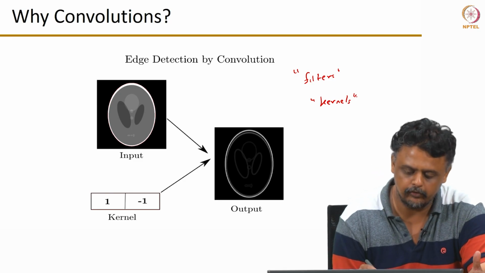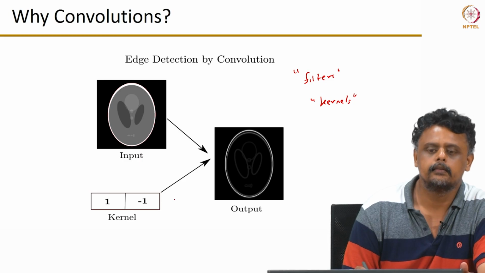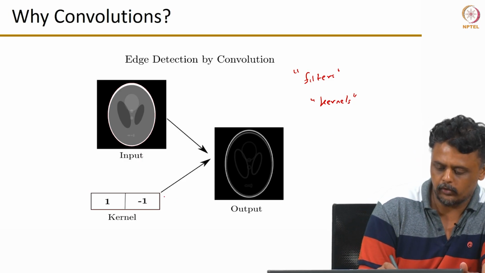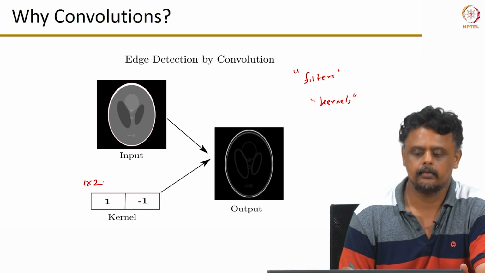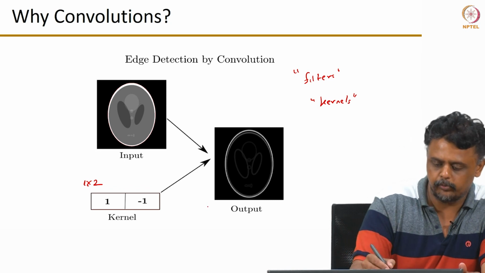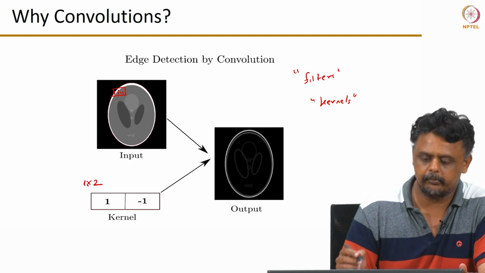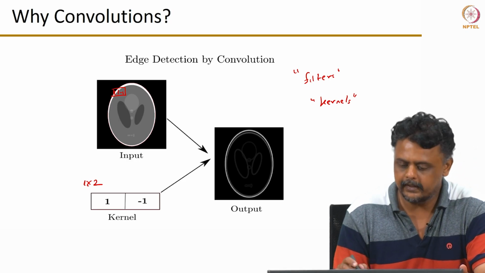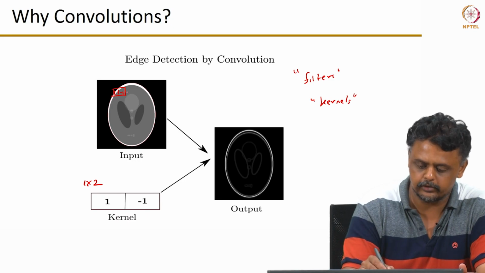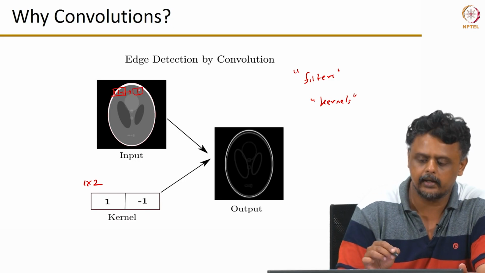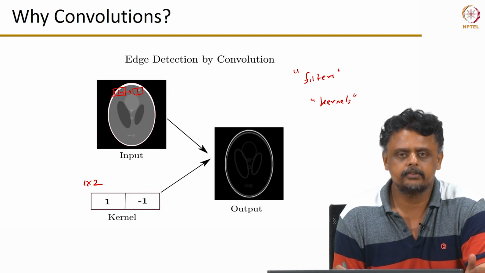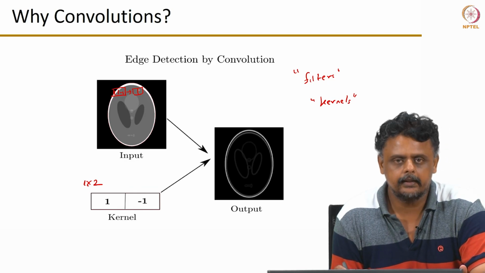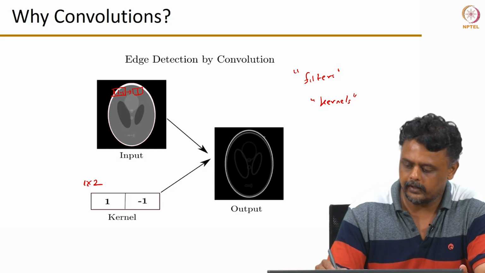In this case I have shown a very simple kernel, a 1 cross 2 filter kernel. All you have to do is superimpose it on the image. So, this is 1 and minus 1, multiply with the underlying pixel values and add them. Now, you translate and do the same thing everywhere. If you do that all across the image, then you will get the edge map.